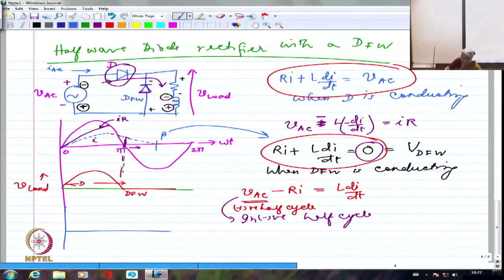The main diode D will carry the current until then, until pi. After that, only the freewheeling diode carries the current. So, I will have the current to be somewhat like this, and then it comes down, and abruptly it comes to 0. This will be IAC. After that, whatever is the current that is coming up, this is the DFW current.